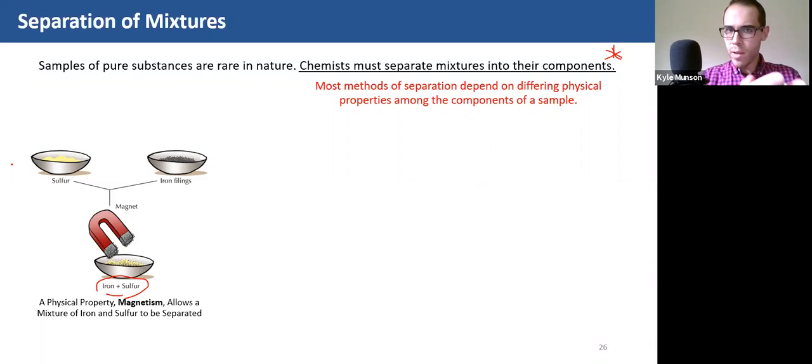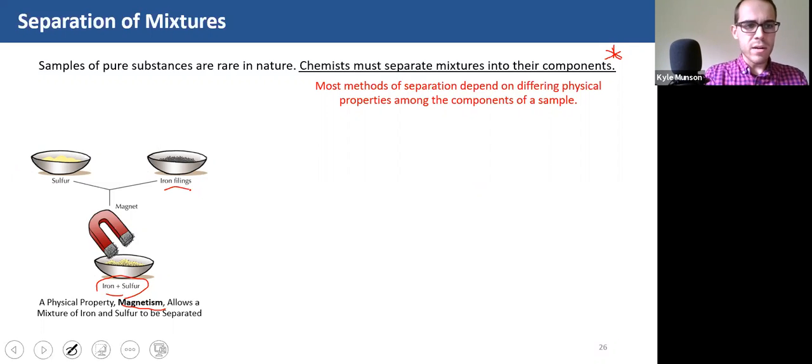We can rely on the physical property of the iron, magnetism, and that will allow us to separate these two components. You put the magnet in your mixture, stir around, the iron filings get stuck to the magnet, and you could take them off the magnet and repeat the process to separate iron from sulfur. So iron is attracted to the magnet, sulfur is not.